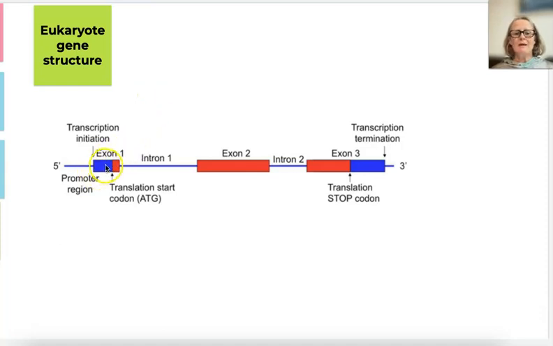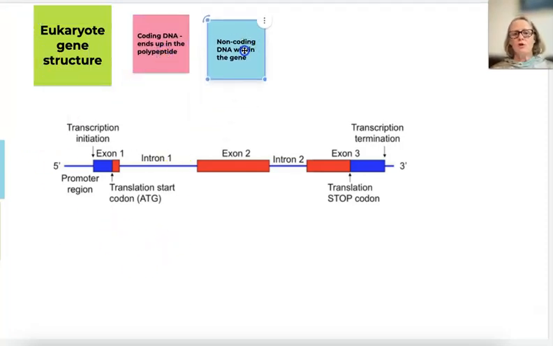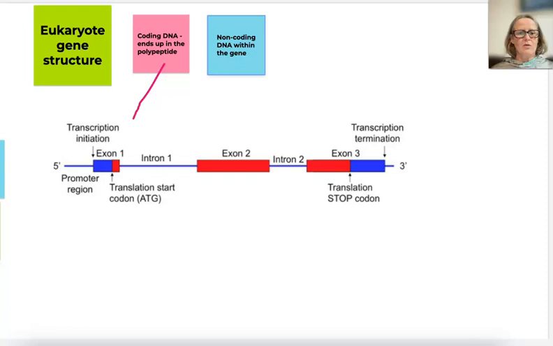We have blue areas and red areas, and what we actually have here is coding DNA and non-coding DNA. I didn't have a red post-it note, but we've got a pink one. So the coding DNA is the red bits, and they are called exons. So we've got exon 1, exon 2, and exon 3. These are going to end up in the final protein.